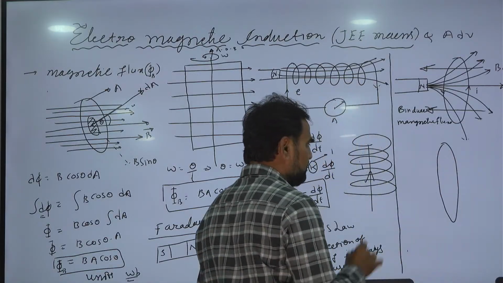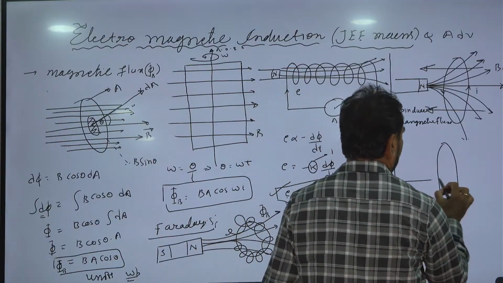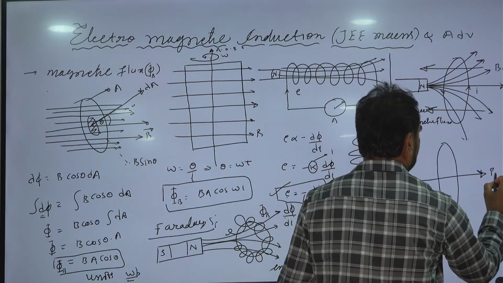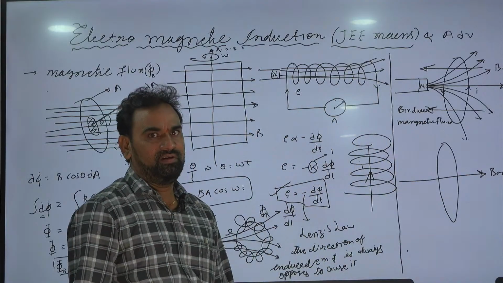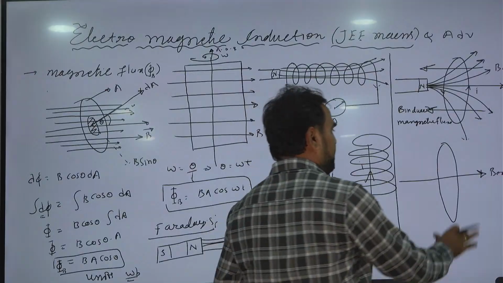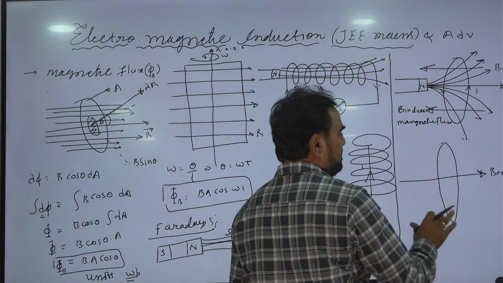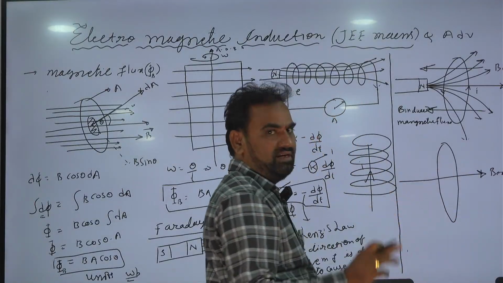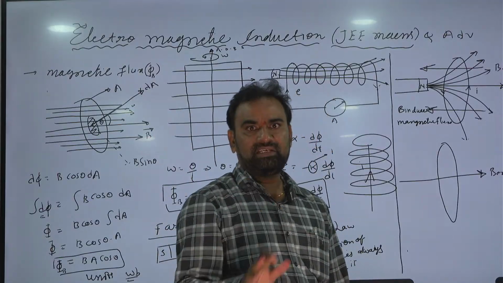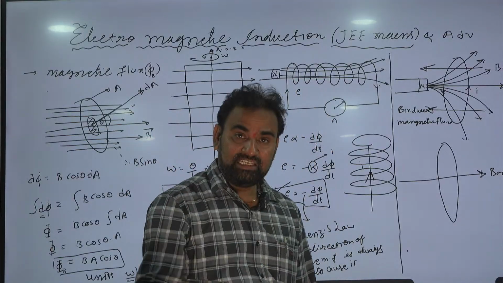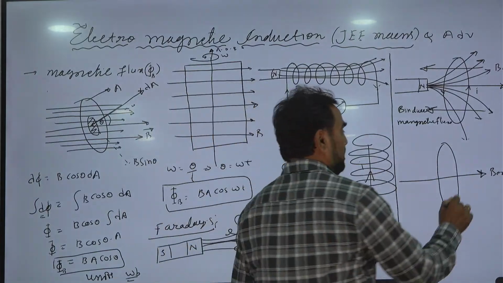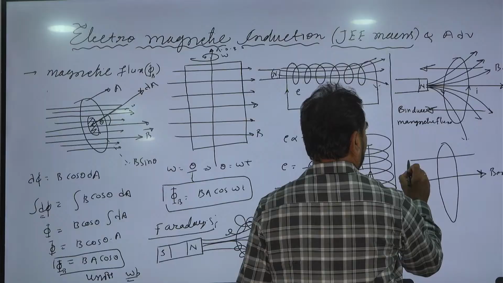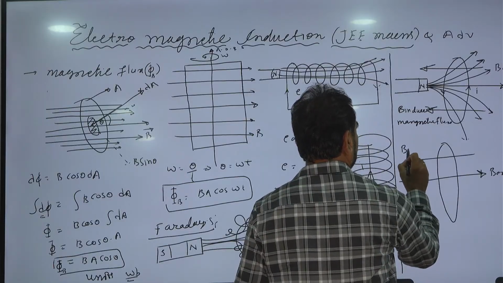A magnetic field is applied like this, B existing or B applied. The B existing magnetic field must produce an induced current. The induced current must produce an induced magnetic flux, which must be opposite to the cause of it. That means the induced magnetic flux is opposite like this. This is B induced.